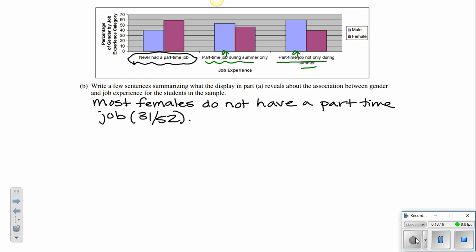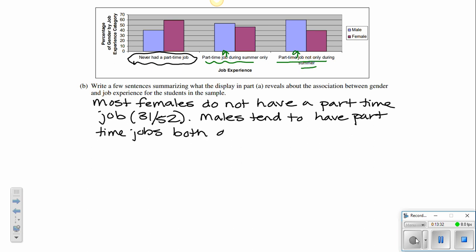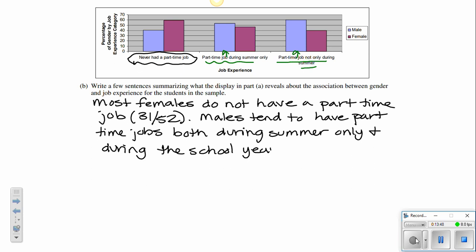So we would say maybe like males tend to have part-time jobs both during the summer only and during the school year. I think that's safe to say.